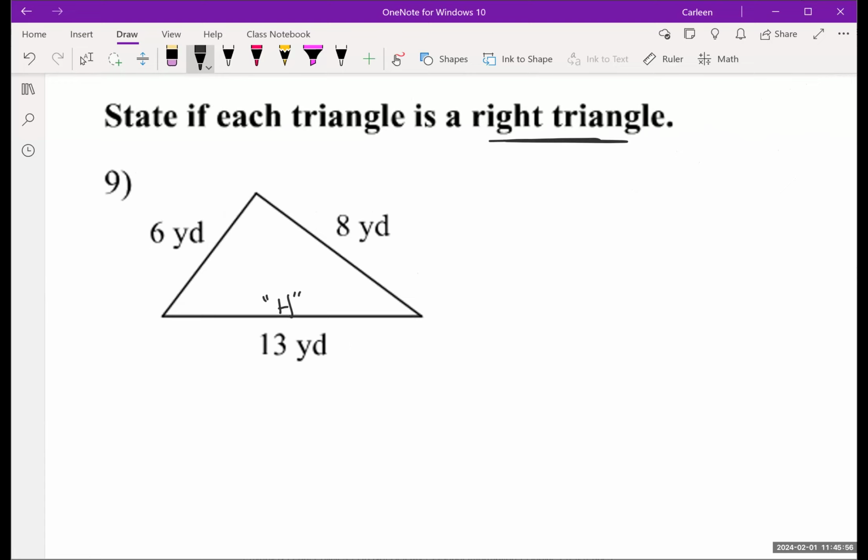So this is kind of like the previous ones. The previous ones were more work. This is just yes or no, is it a right triangle? So to find out yes or no, we're going to do Pythagorean theorem. Side squared plus side squared equals hypotenuse squared, and we're not sure.